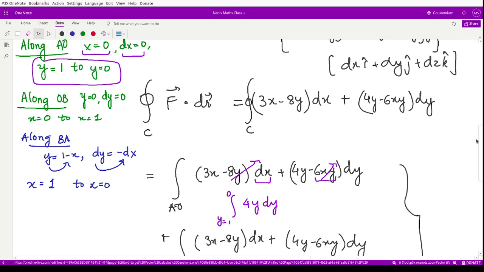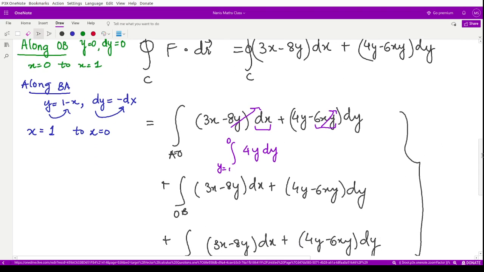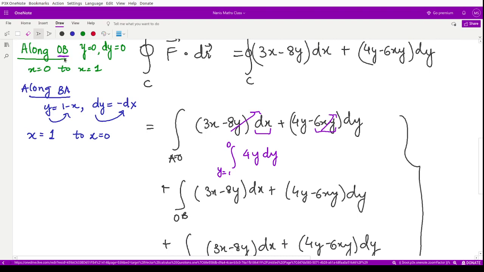So this is for the first term. Now for the second term along the path OB, here you have y 0, dy 0. So this term is 0 because dy is 0. And you also have y 0, so this term is 0. So you are only left with 3x dx. And here x varies from 0 to 1.